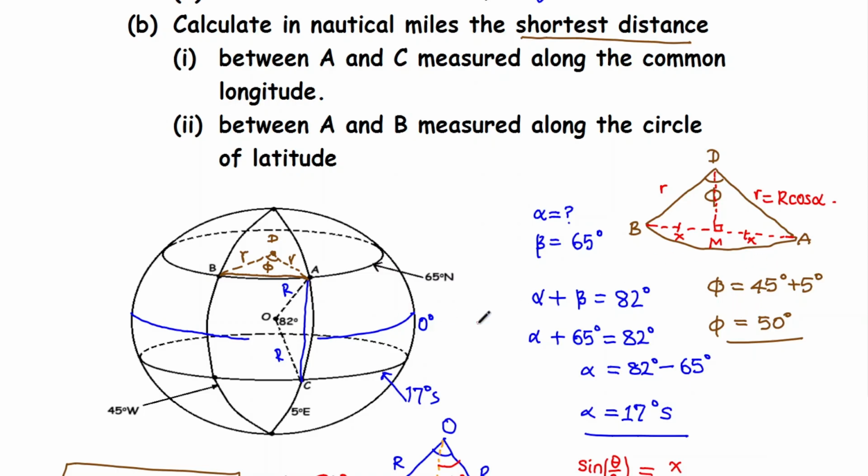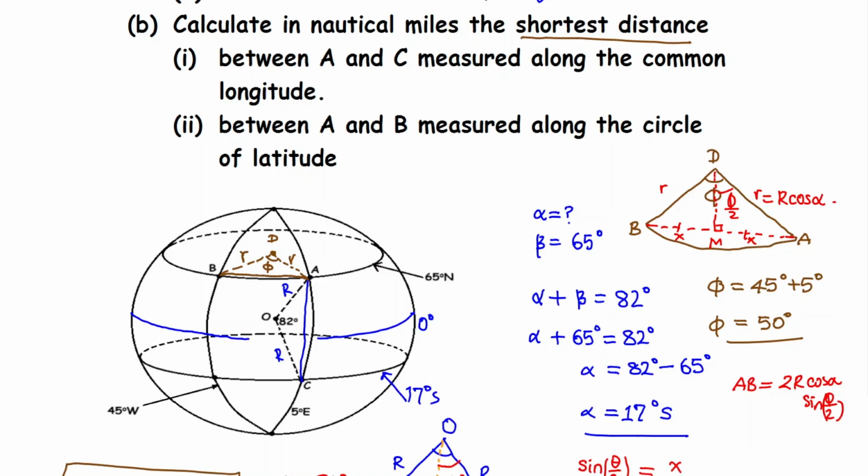Now if you do the same thing like what we had earlier, then the distance AB would be calculated from twice R cosine alpha times the sine of this angle phi divided by 2. This is phi divided by 2 because we're talking about this part only. So let's use this to calculate the answer for our last question here.